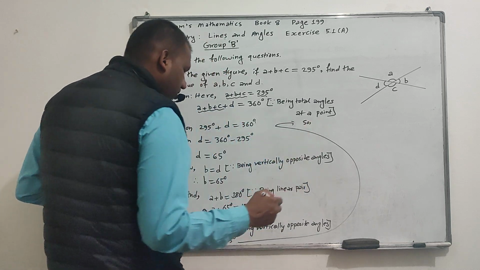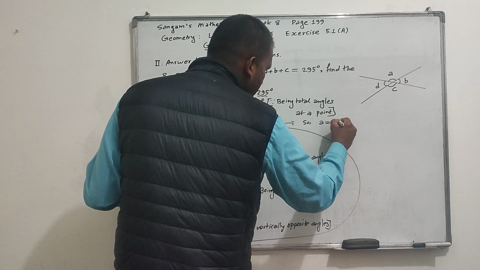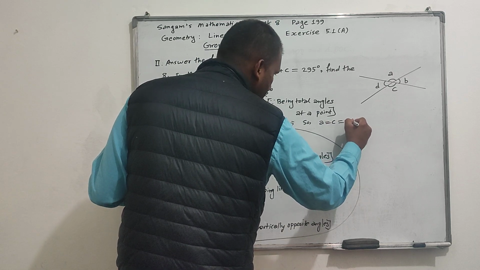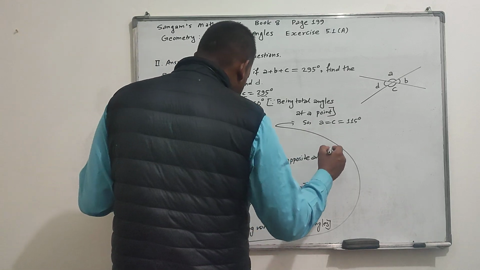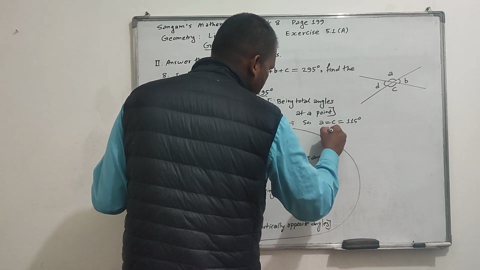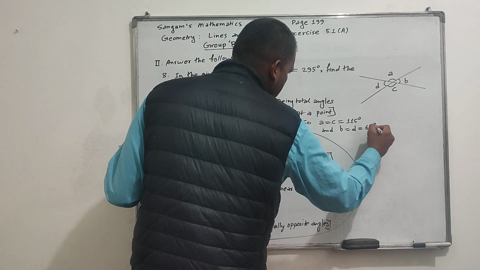So a equal to c equal to 115 degrees, and b equal to d equal to 65 degrees.